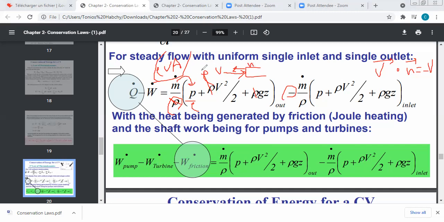This is in general the case. In general problems, we have a velocity profile perpendicular to the surface. In some cases, you might have a velocity at the inlet that is inclined.